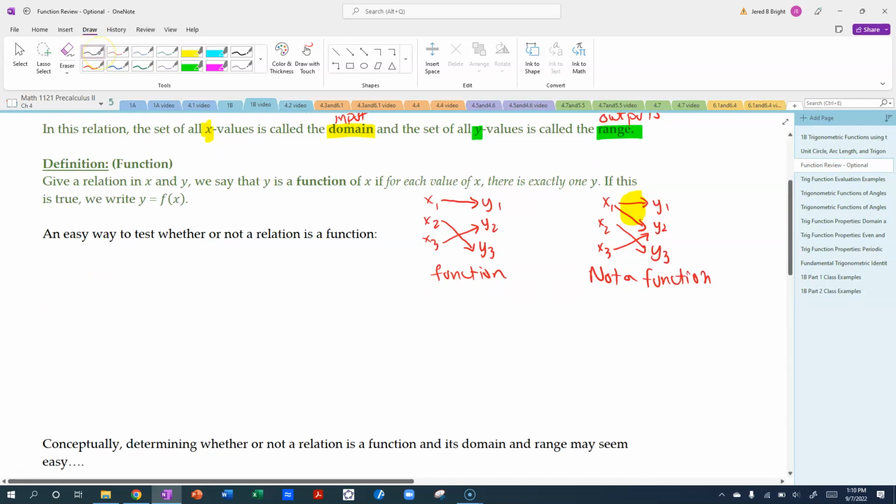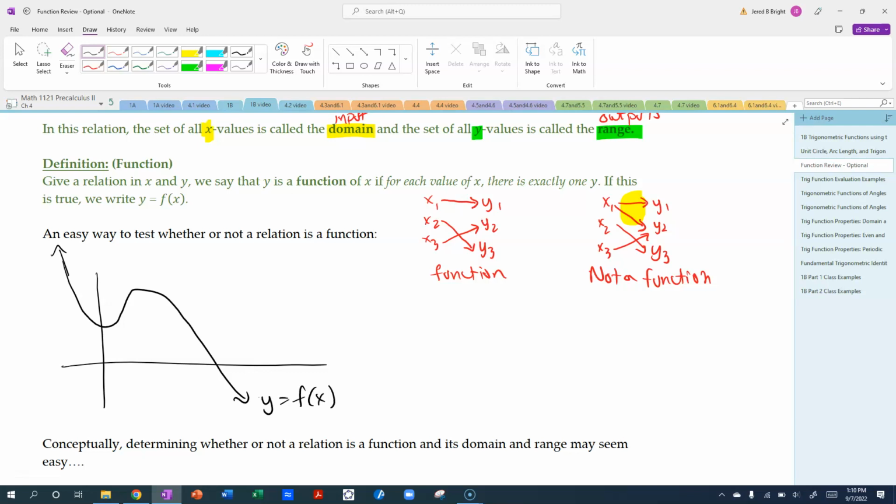So if we put this in pictorial form, let's say we have this function, maybe some kind of cubic, and we give it a name, y equals f of x. In other words, we obtain the y value by doing a function on x. So we put in x, we get out y.